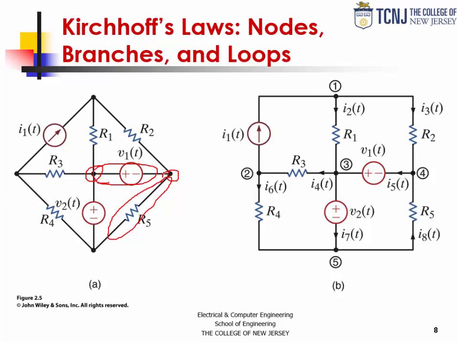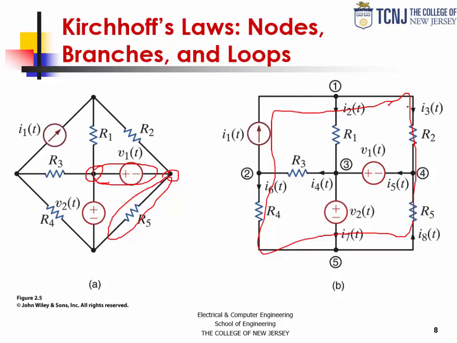And finally, let's define formally what a loop is in the topology of a circuit. A loop is any closed path along the circuit that you start at a node and end at another node without going through a node twice. So for example, here in this circuit, we have several loops. The outer here, that would be a loop here.